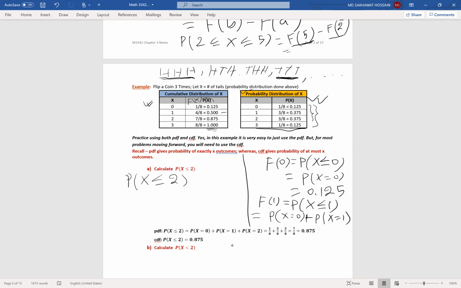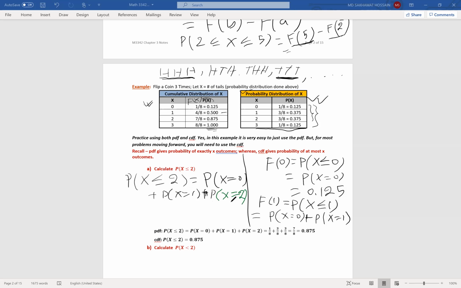If you want to use the first table, the probability of X less than or equal to 2 means the probability of X is 0, plus the probability of X is equal to 1, plus the probability of X is equal to 2. So you have to add these three probabilities.